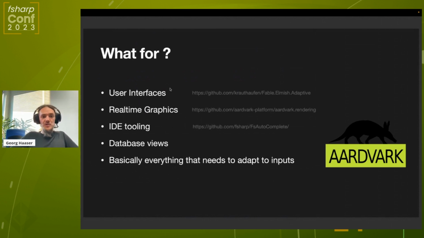Basically, what we use it for in our real-time graphics system is for expressing dynamicity everywhere. So we express dynamism in scene descriptions, in transformations, in lighting conditions, in all sorts of things where the rendering system needs to react to small input changes in a huge scene, which is similar to what user interfaces normally do.